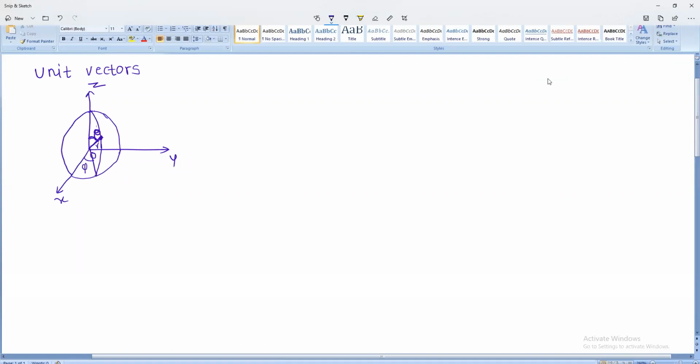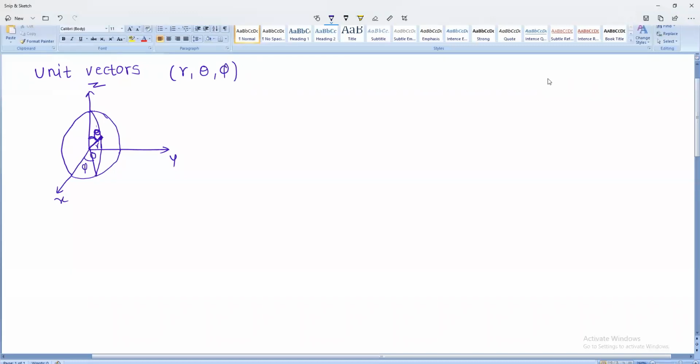Now we will see the unit vectors. The coordinates are r, theta and phi. Tell me what will be the unit vector for coordinate r? That is the radius of the sphere.